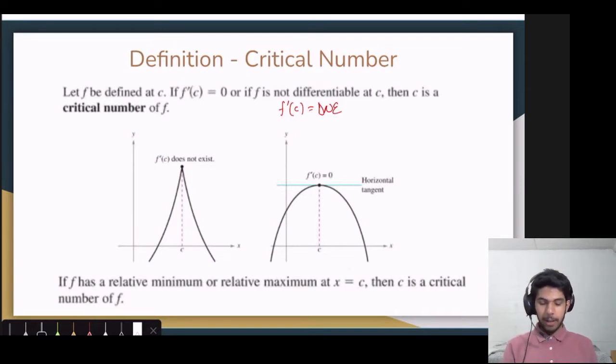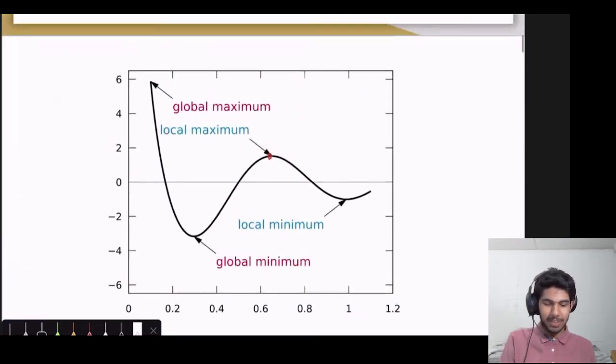And if f has a relative minimum or a relative maximum at x equals c, then c is a critical number of f. Interesting. So let's scroll back a little bit. This says that if we have this minimum here, then that minimum is a critical value, or critical point. Those terms are used interchangeably. So if we have a minimum here, then it's also a critical point.